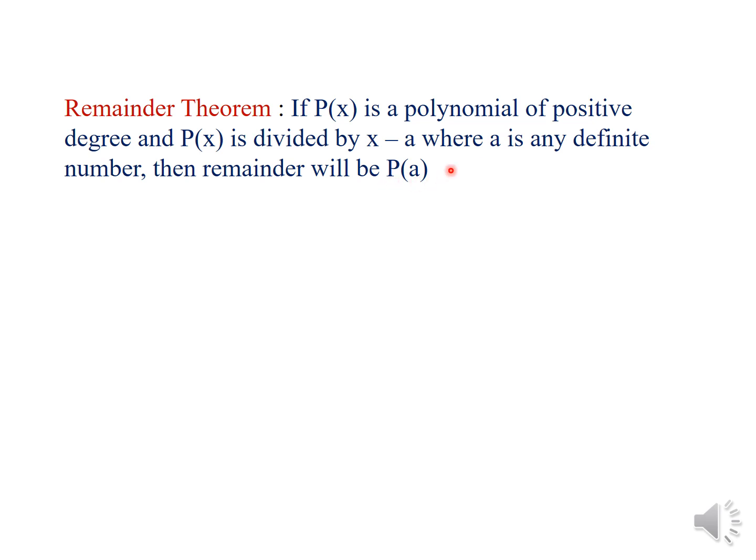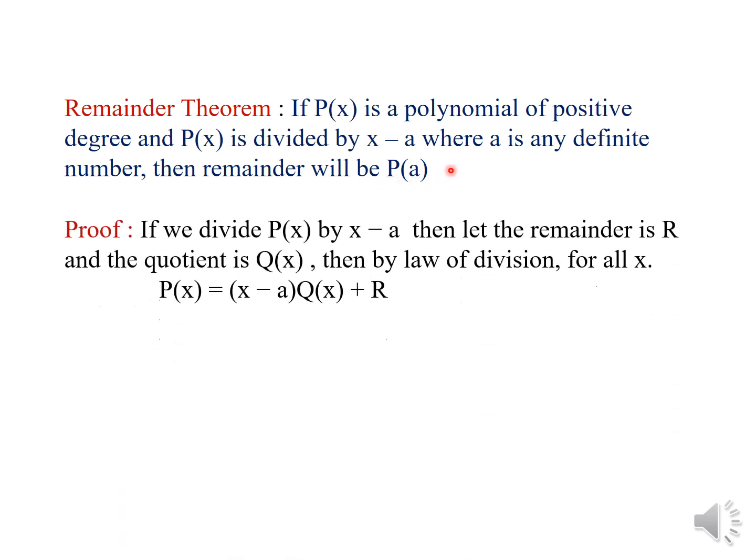Now we will prove this. If we divide p of x by x minus a, then at first we consider the remainder is r and the quotient is q of x. Then by the law of division we know p of x is the dividend.